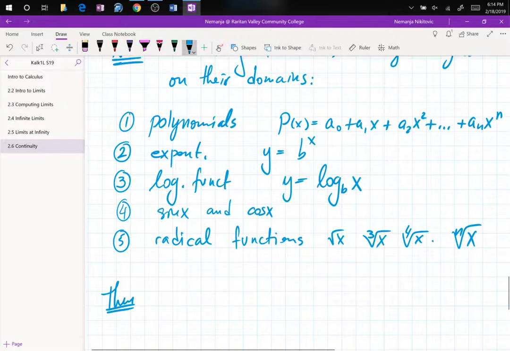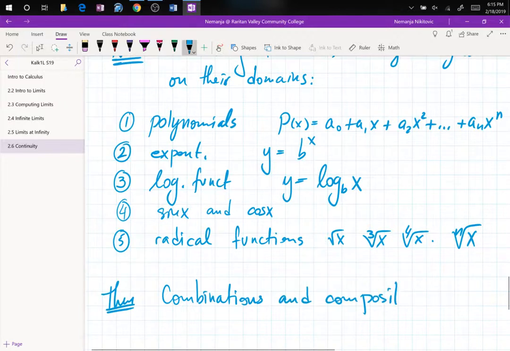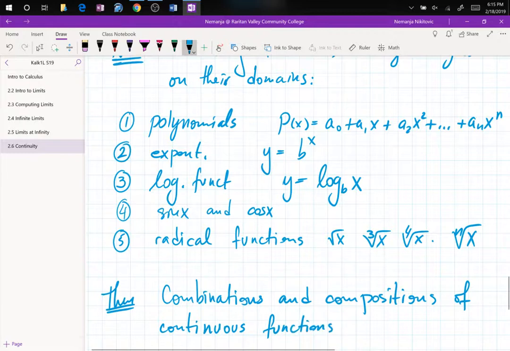Theorem with a vengeance. Combinations and compositions of continuous functions are continuous.